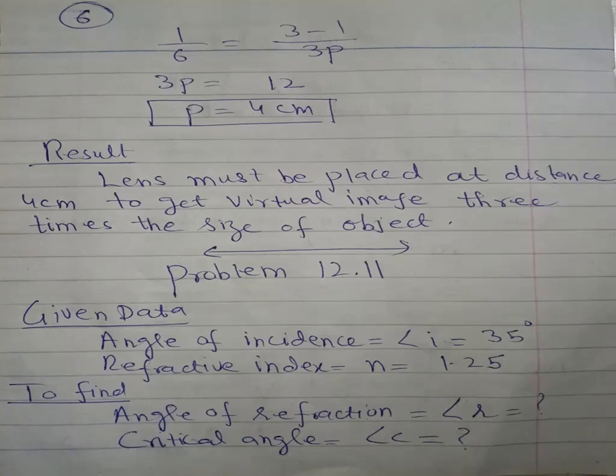Angle of incidence is denoted with small i, and it is given to me as 35 degrees. Refractive index is denoted with small n, which is also given to me as 1.25. In this numerical I am required to find the angle of refraction, denoted with small r, and the critical angle, denoted with angle C. These two things are required, and these two things were given.